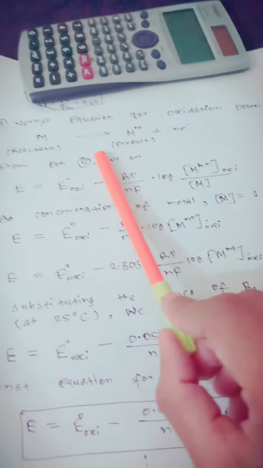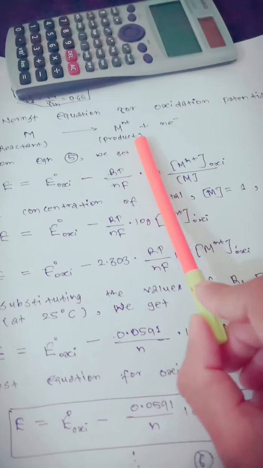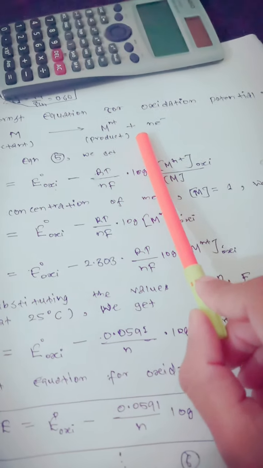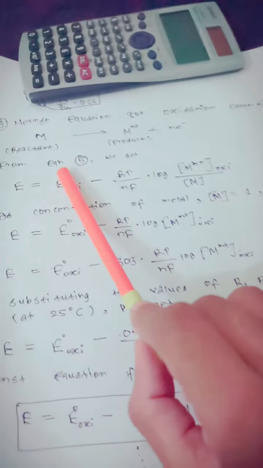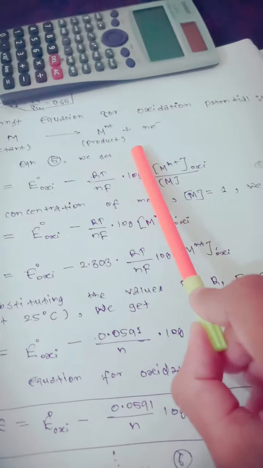Okay, M gives me M^n+ plus n electrons. The reactant is converted into product plus electron.